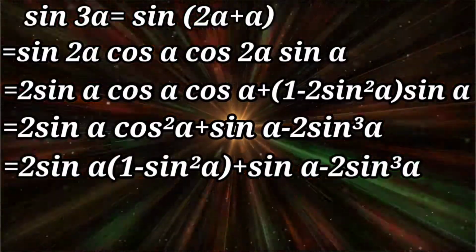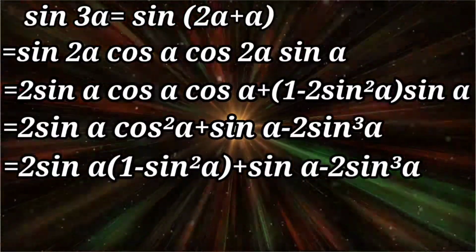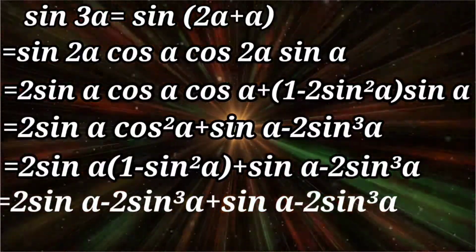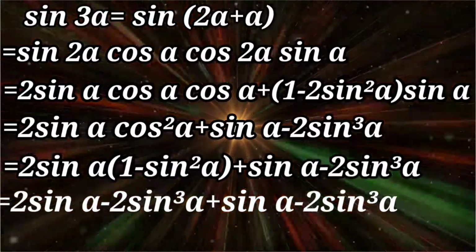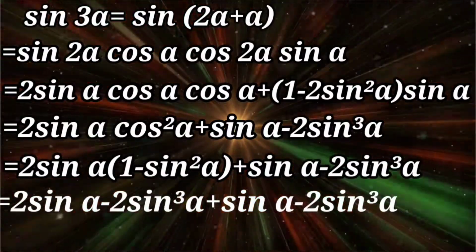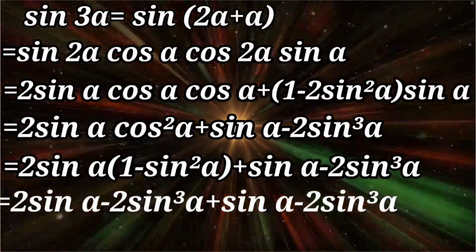Now 2 sin α is multiplied by (1 − sin²α): 2 sin α minus 2 sin³α plus sin α minus 2 sin³α.